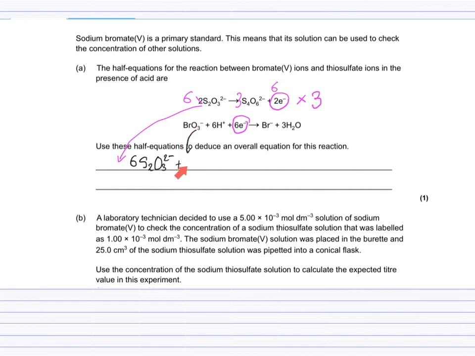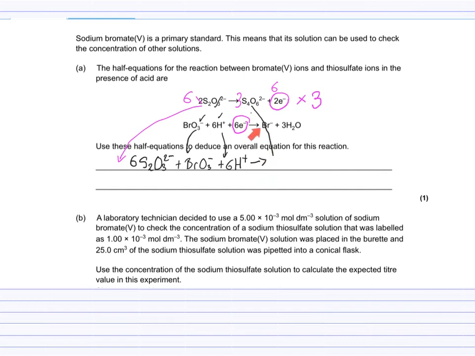Bring down the reactants: that's 6 moles of S2O3 2-, and the oxidizing agent, that's 1 mole of that, so we tick that off, and 6 moles of hydrogen ions.